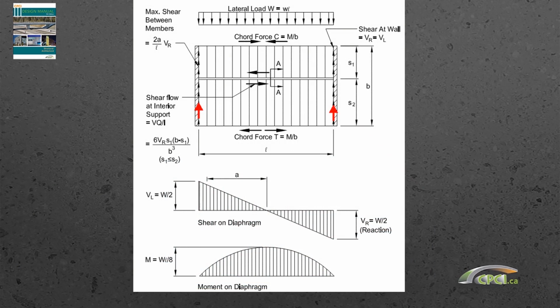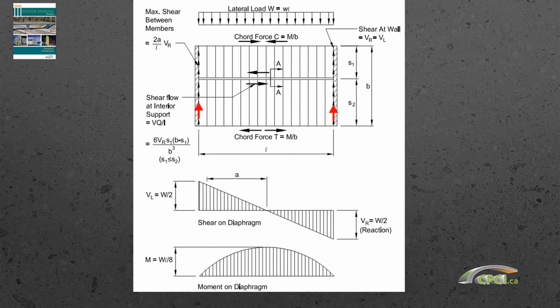It's a very simplistic analysis of a diaphragm, looking at it as a horizontal beam spanning between the two red-arrowed wall supports. If you've got a lateral load, whether from the earthquake weight of the floor and wall structure, or wind blowing on the outside wall, it acts as a simply supported beam spanning between the shear walls or supporting walls, and you have your shear and moment diagram coming from structural analysis.